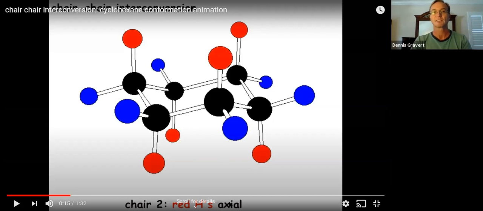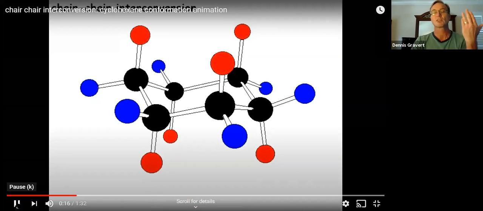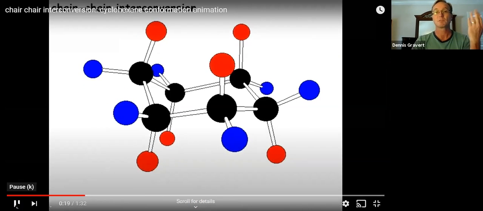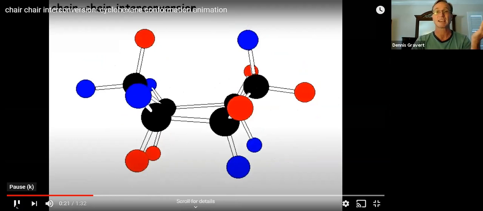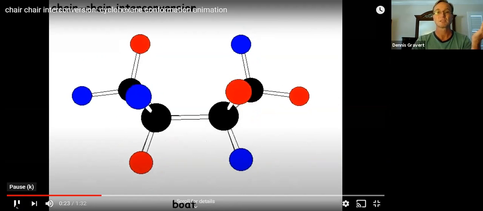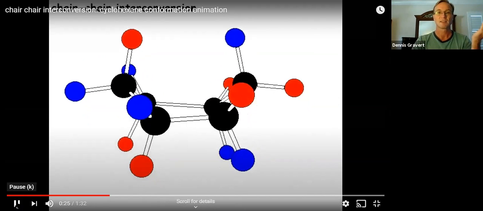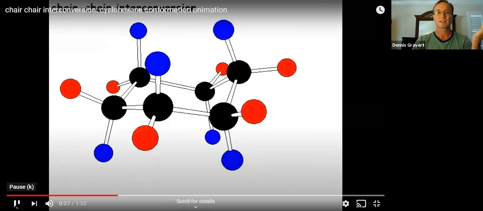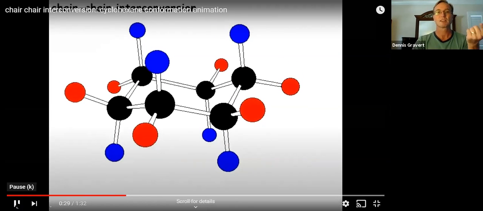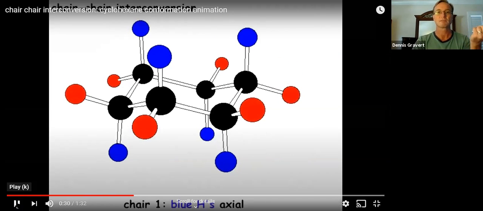Now they are axial. Now let's let the movie go as it wiggles yet again. Red is currently axial, up and down, but we're going to see that blue can get in that place next. There's the boat, twist the boat, and all that good stuff. It's wiggling around, and look, the blue ones are now up and down. The red ones are back off to the side.